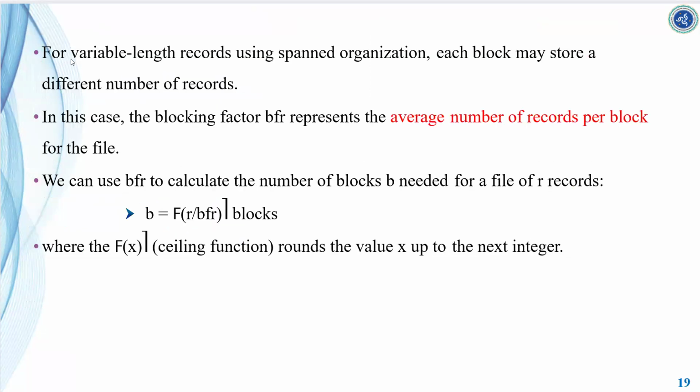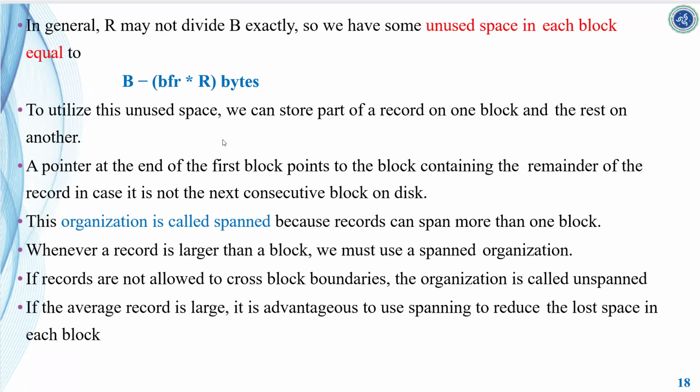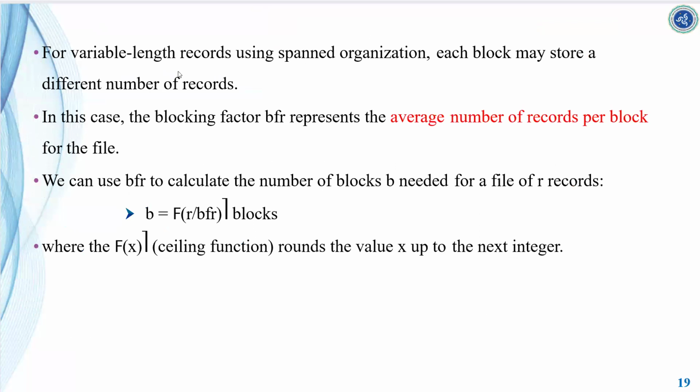Next is variable length records using spanned organization. We discussed spanned organization previously for fixed length records. Now we see variable length records using the spanned organization. Here, each block stores a different number of records. The blocking factor BFR is the average number of records per block for the file.